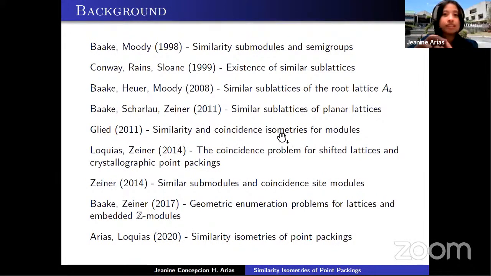So there have been studies about their connection and about combinatorial problems arising from these topics. Coincidence and similarity isometries were also extended from lattices to modules and from lattices to point packings. The extension of similarity isometries to point packings is what we are interested in.